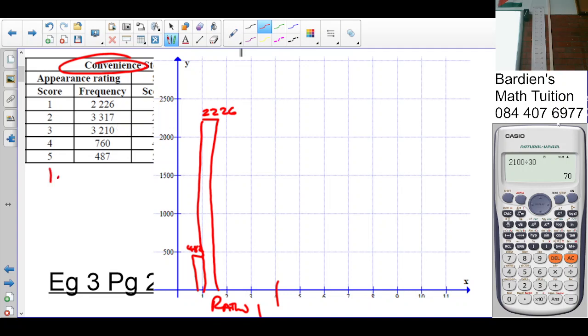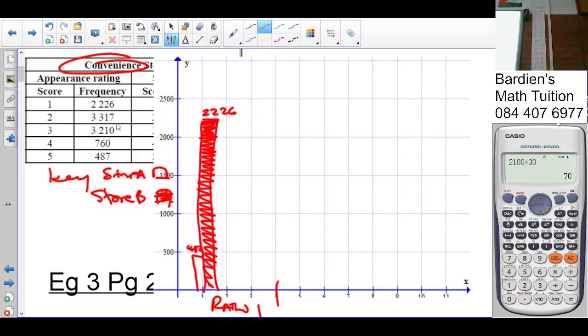So the key is for the appearance of store A or store B. If you're talking about store A, you can have a blank bar, and for store B, you can have a shaded bar. Can you see that? So this is, of course, B. So I just shade that in, and the other one I leave blank.